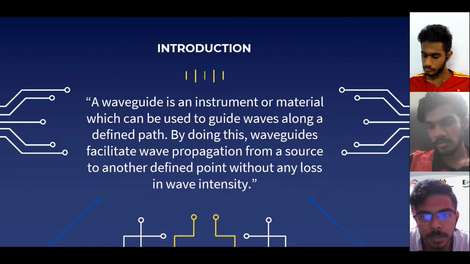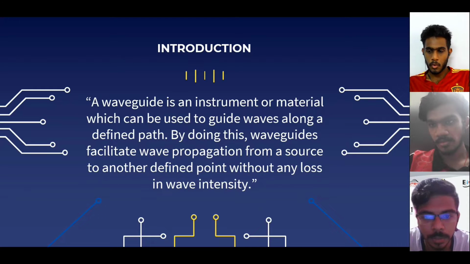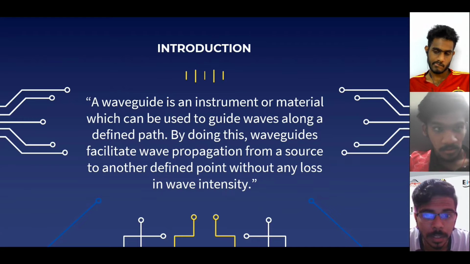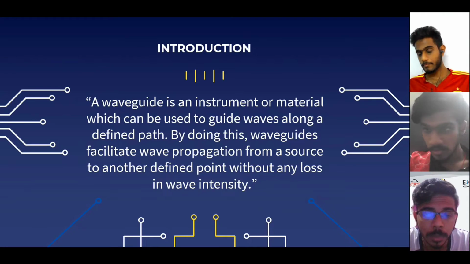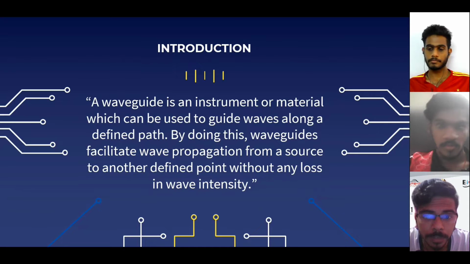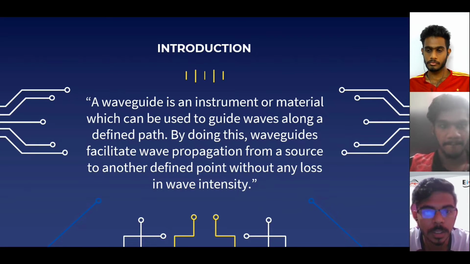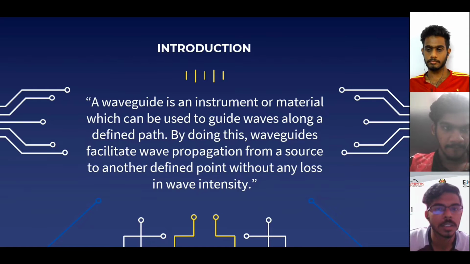By doing this, waveguides facilitate wave propagation from a source to another defined point without any loss in wave intensity. In an easy way, a waveguide is an instrument to guide a wave from one point to another point. That's all.